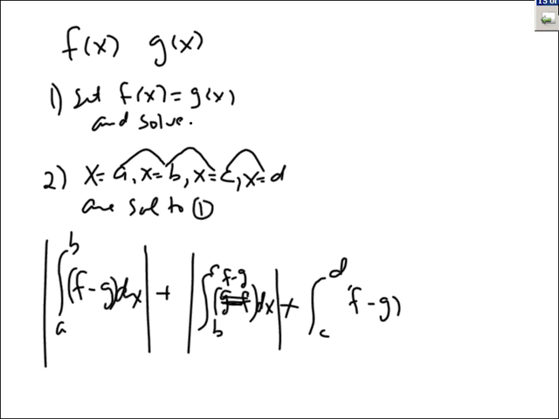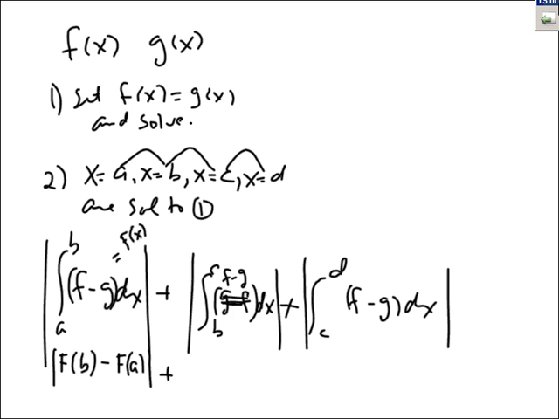F minus g dx from c to d, integrate. Now, one of the nice things is suppose this antiderivative is some function, big F of x. Well then, you're going to have to find F for b, and then find F for a, and the absolute value of that will be added to, now you have to find F for c, and F for b.